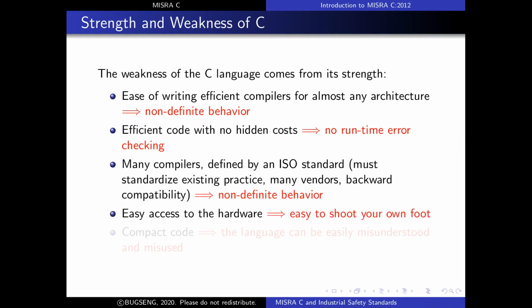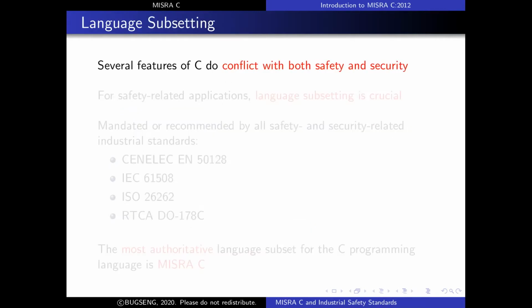The fact that it is easy to access the hardware is the same reason why it is so easy to corrupt the program state, for example, to overwrite the stack. And the fact that you can write compact code is the same reason behind the fact that the language can be easily misunderstood and misused. People don't know, for example, what the precedence and associativity rules are for several of the operators provided by the language.